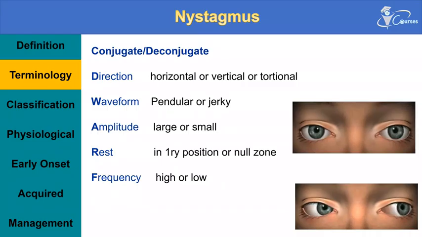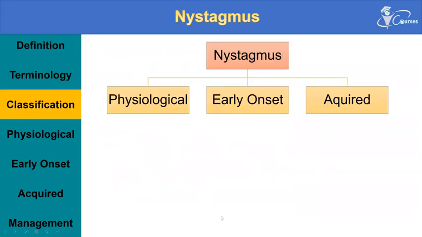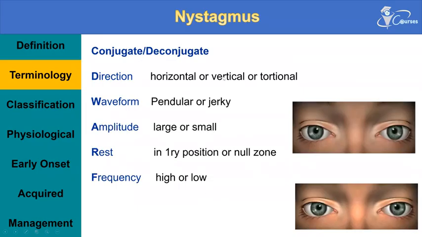So how many oscillations per second is the frequency. How much distance the eye moves per oscillation is the amplitude. So don't confuse between both of them. Okay. Do you need me to repeat again?